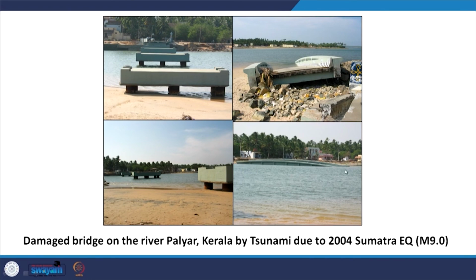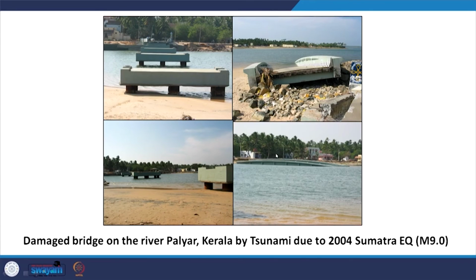The force of the water due to the tsunami was so high that another span is inside the sea, and there are only the piers and pier caps to be seen; there is no deck.